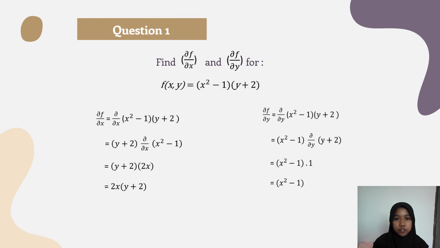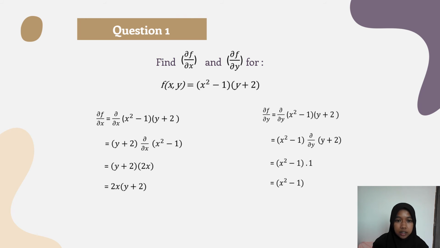Question 1. Find ∂f/∂x and ∂f/∂y for the equation (x² - 1)(y + 2). On the left side, first we find ∂f/∂x. First of all, we rearrange the equation into that formula, and then we put the (y + 2) at the front.